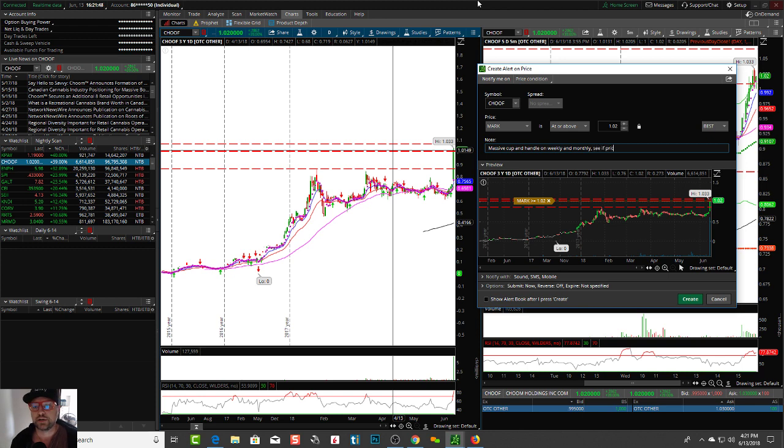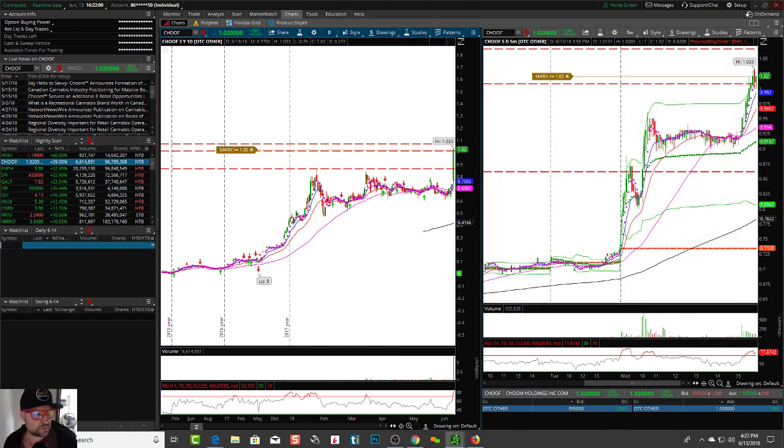See if price can break out over 107. All right, so Choof. I just like saying that. Choof. God bless you. Thank you. All right, looking for a bottom on.